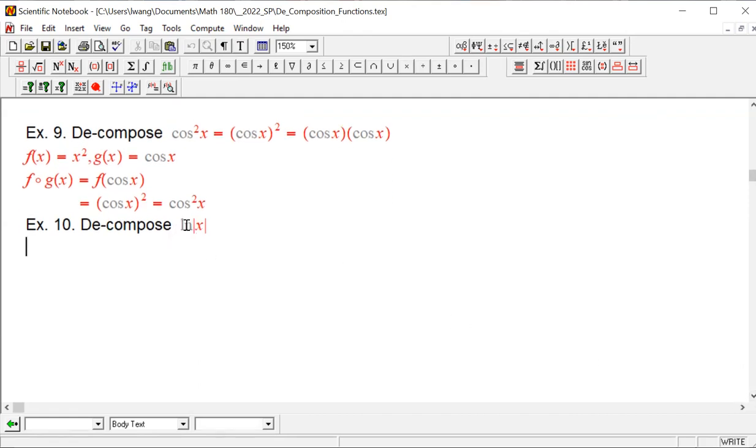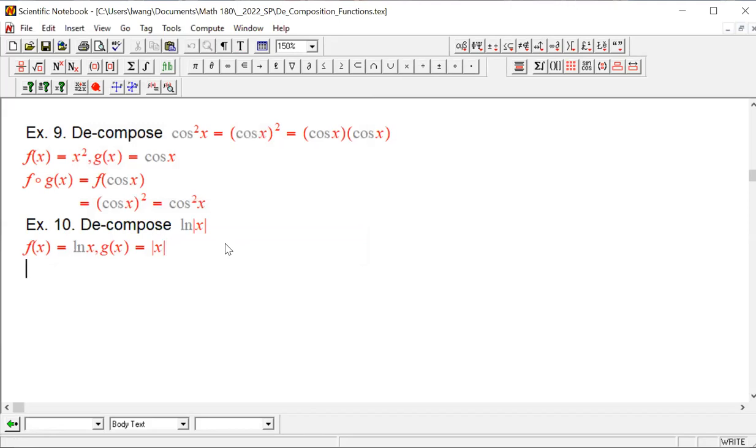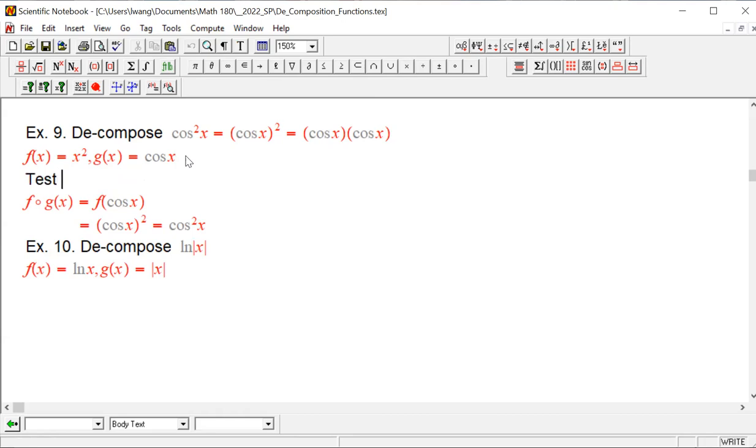The first thing we see is ln, right? So the outside is ln x. The inside, what's the inside? The inside, of course, is the absolute value of x. And of course, we can test drive it.